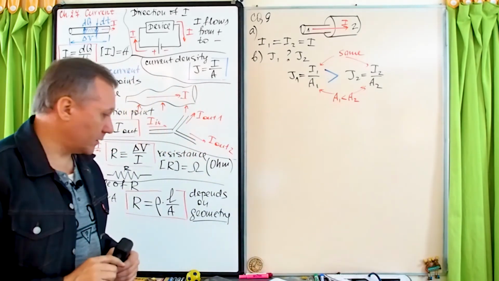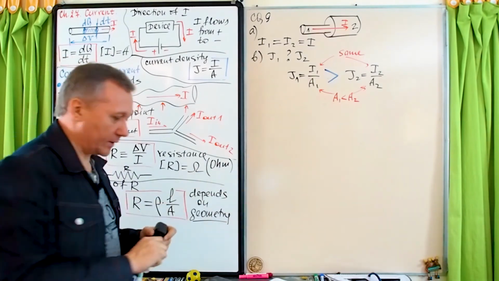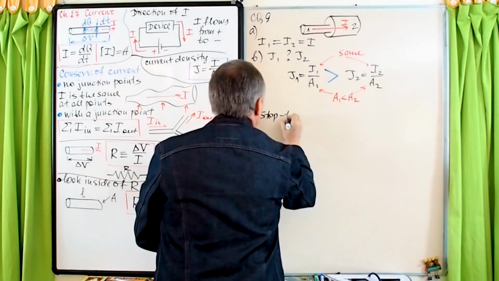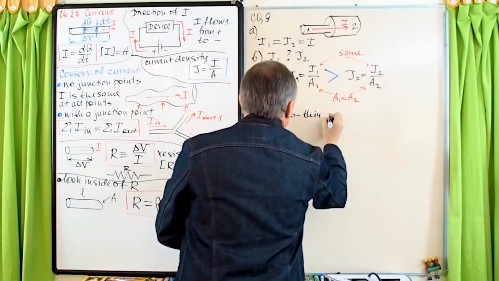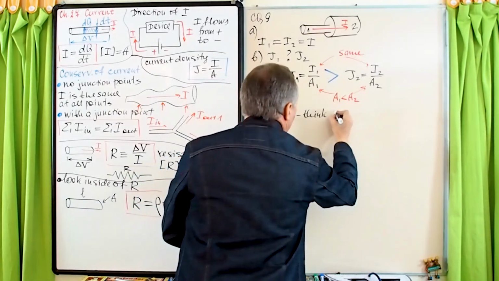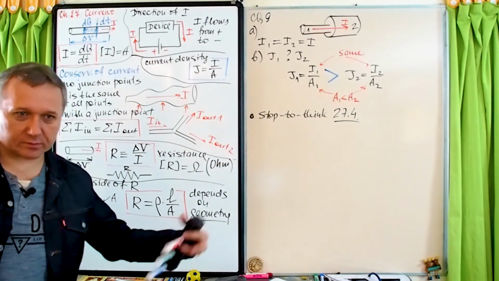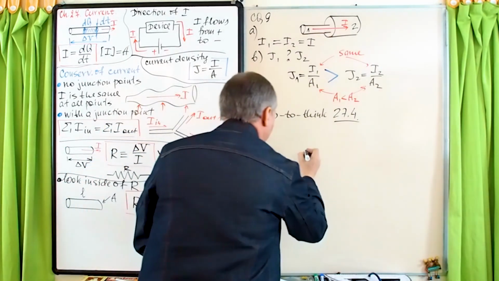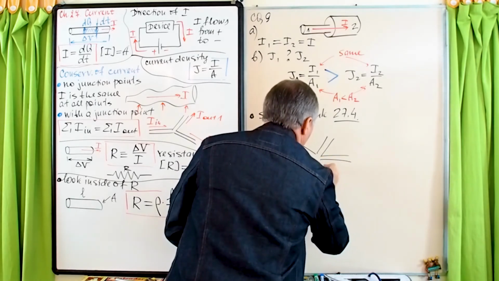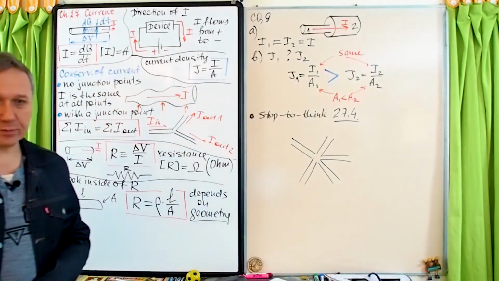Okay, now the next quick one, we still have a couple of minutes. In the book, there are some parts which are called Stop to Think. Stop to Think 27.4. We have a junction point with a bunch of wires, it looks like five of them. So let me draw 1, 2, 3, 4, and get some space for the fifth one.